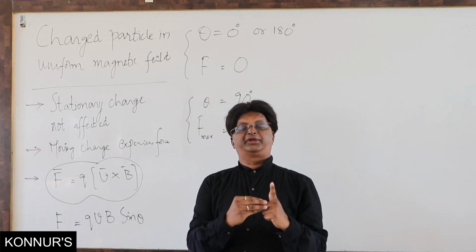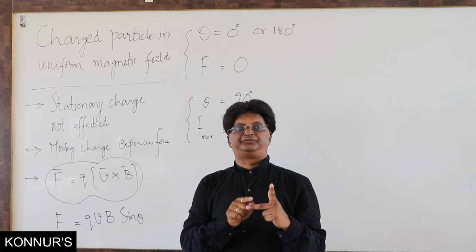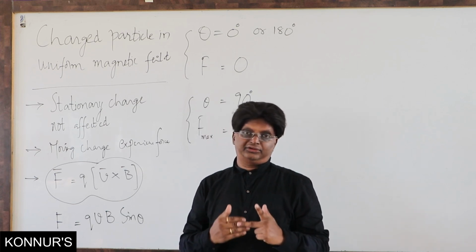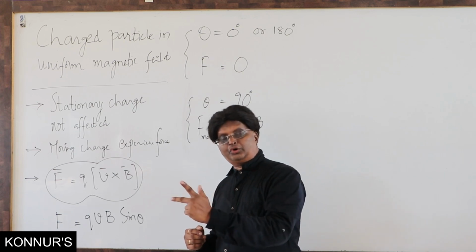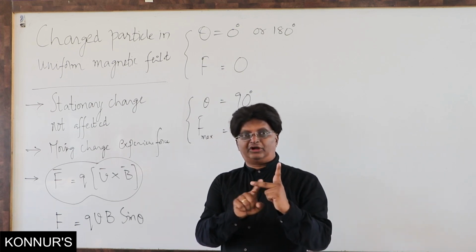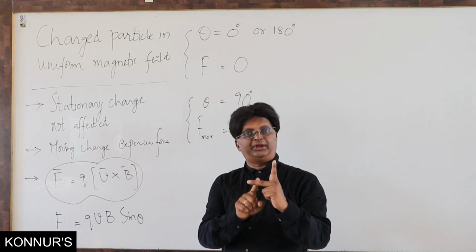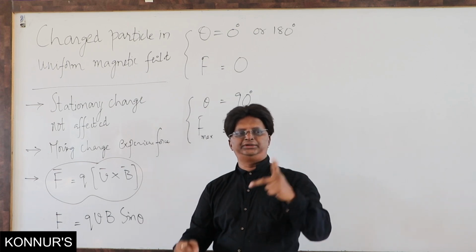First one is the central finger. The central finger takes the direction of current. Why does current come in here? Because current direction is always the direction in which positive charge moves, right? So the direction of motion of the positive charge is the central finger. Central finger represents the direction of current.